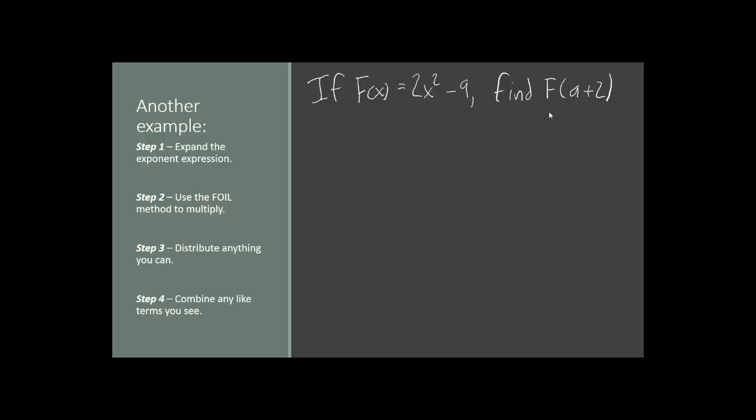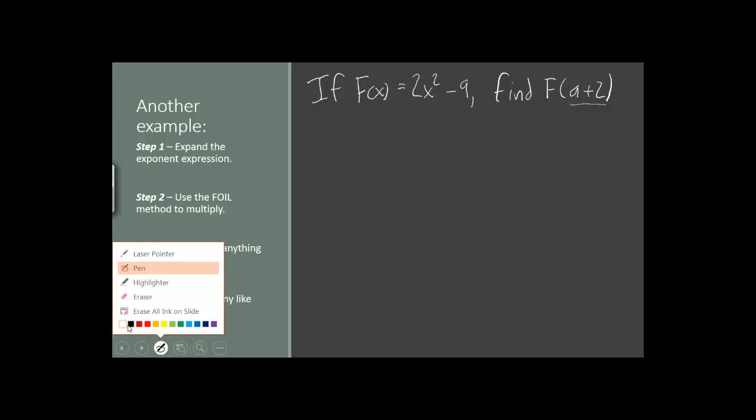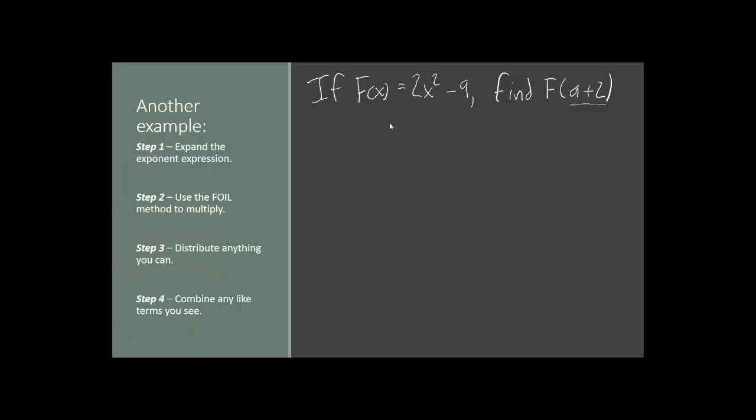This time, rather than asking you to find f at a number, I'm asking you to find f at a binomial expression. This is going to start the same way as the previous problem. Most of the expression is going to stay the same. We're going to exchange all of our x's for a plus 2.